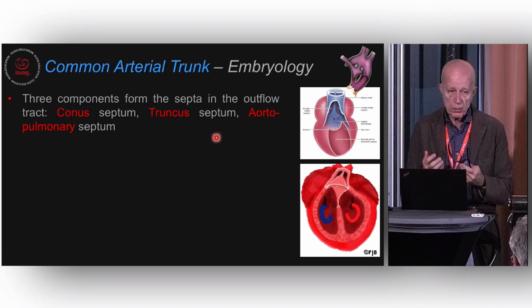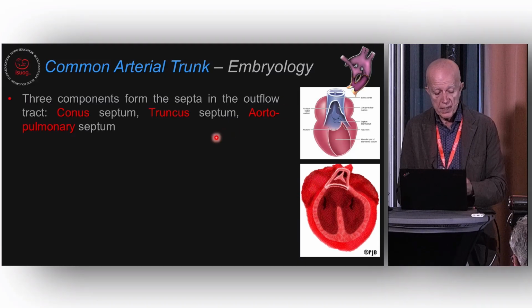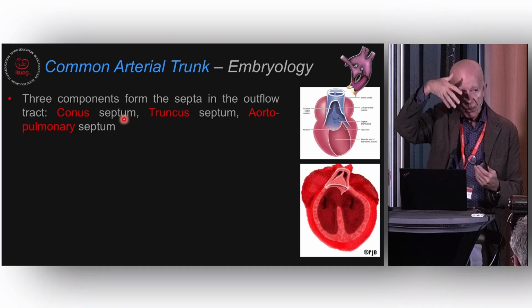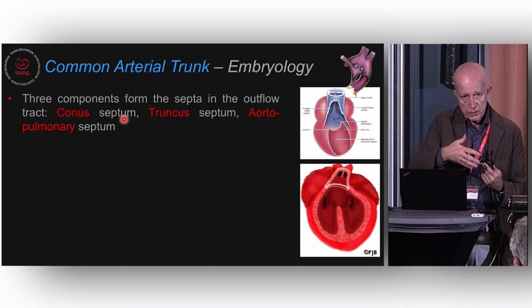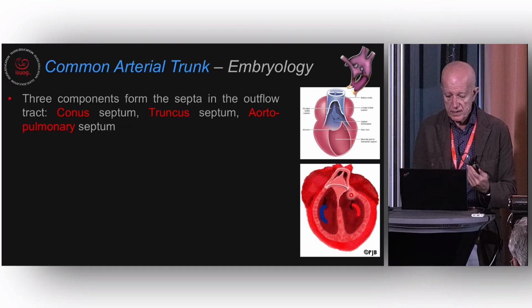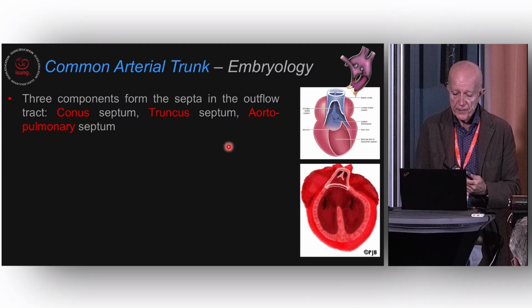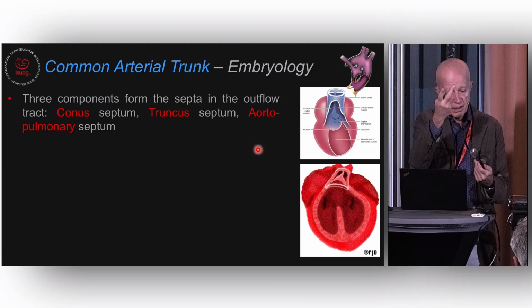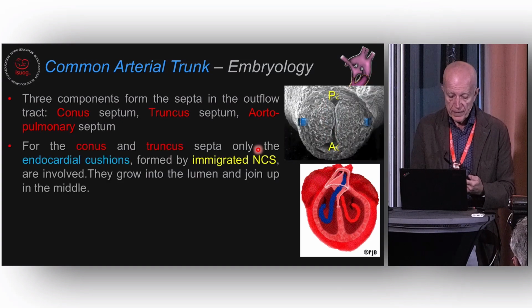What happens in the normal heart while it develops, you have three components of the septum, which goes from the top towards the inflow and not the other way around, as in this GIF that you see here. And these grow also spiraling into the single outflow.